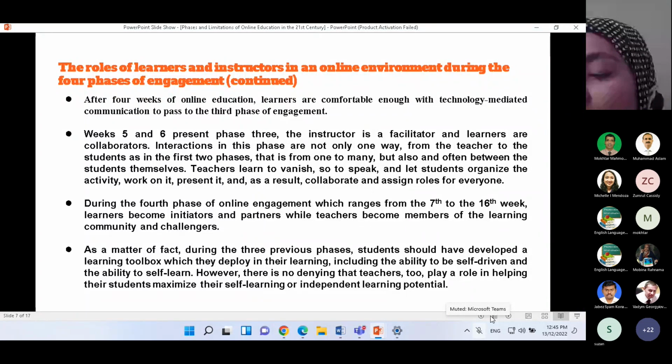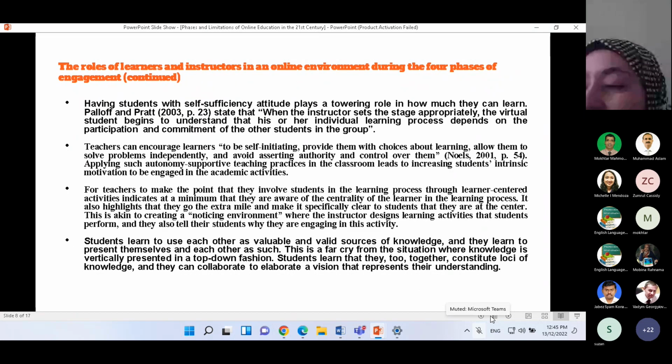Now we move to the next slide, please. Having students with a self-sufficient attitude plays a towering role in how much they can learn. Paloff and Pratt state that when the instructor sets the stage appropriately, the virtual student begins to understand that his or her individual learning process depends on the participation and commitment of other students in the group.